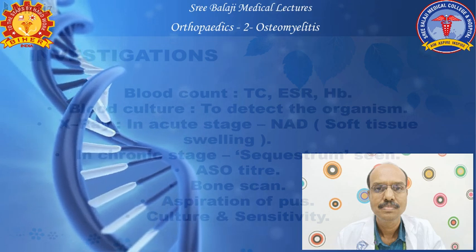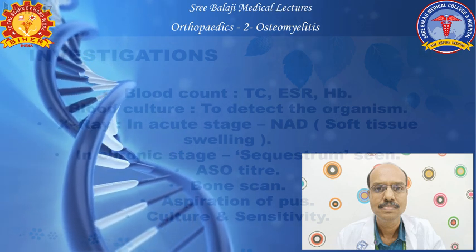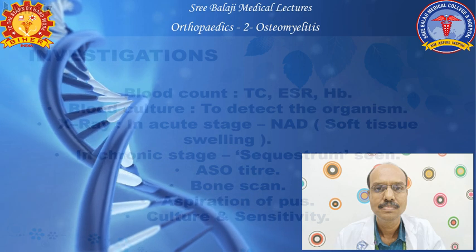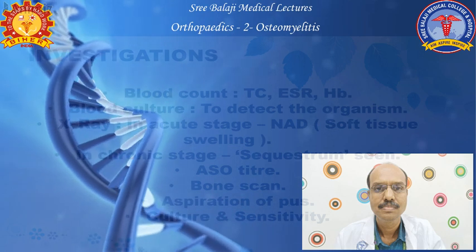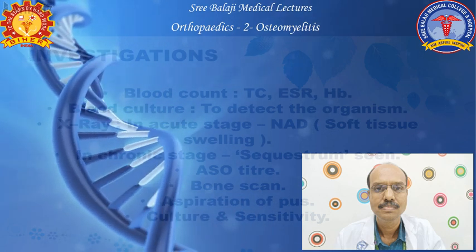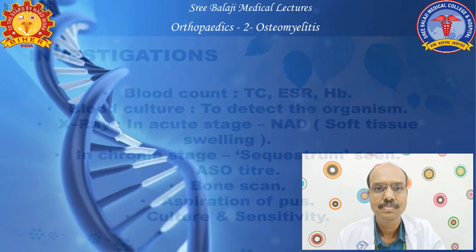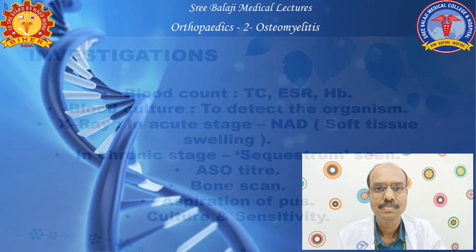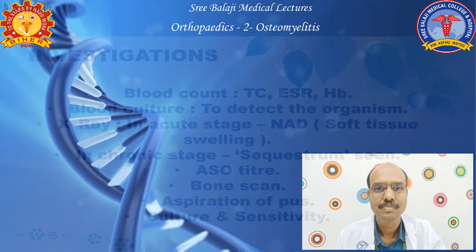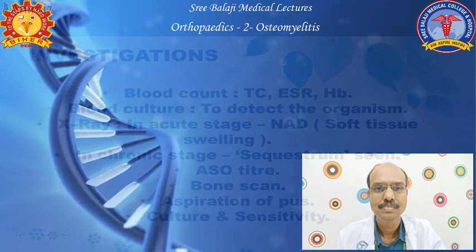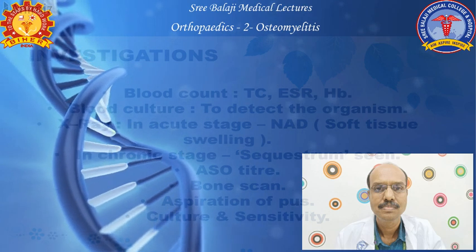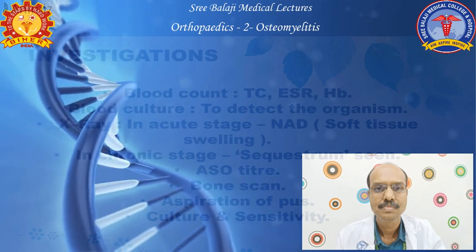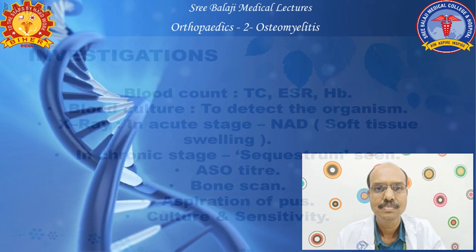Only after 10 days will the periosteal reaction be seen. In the initial stages, a technetium bone scan will be helpful to identify the infection, and the ASO titer will be elevated. If there is pus, it has to be aspirated and sent for culture and sensitivity, which will show the organism, so that the organism can be isolated and the appropriate antibiotic can be started.